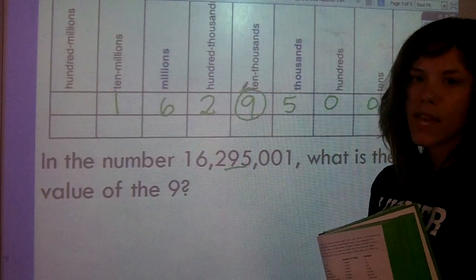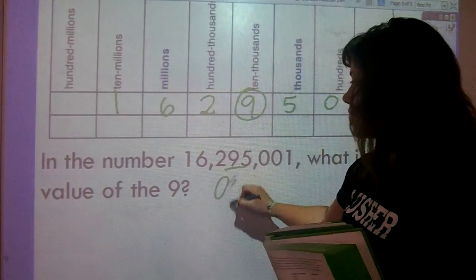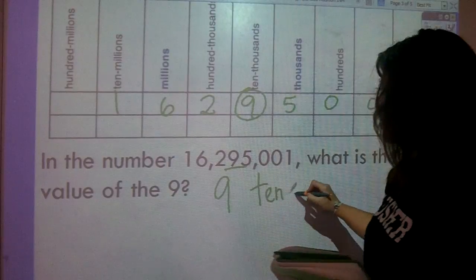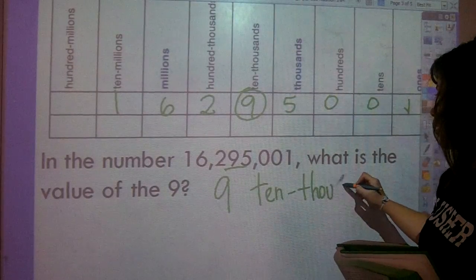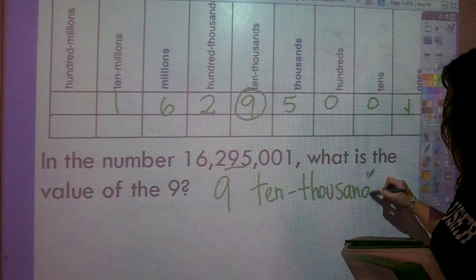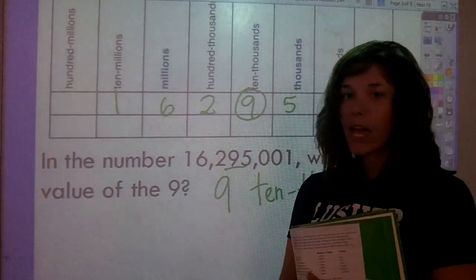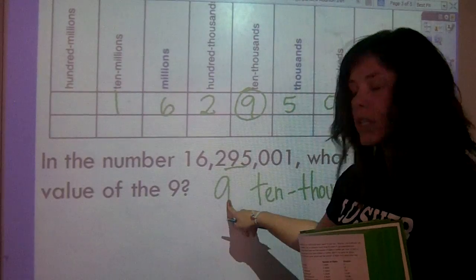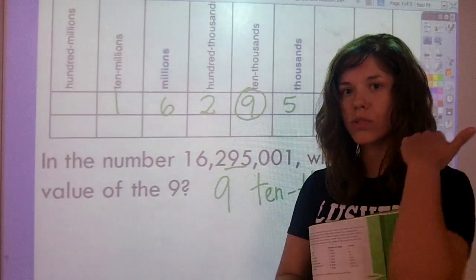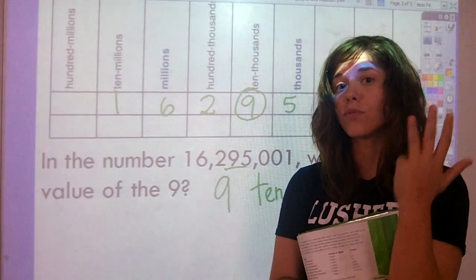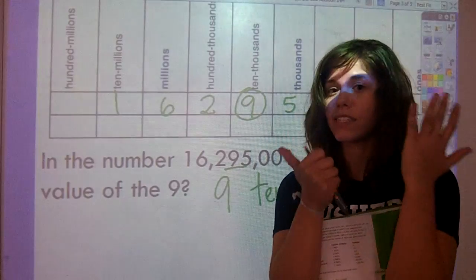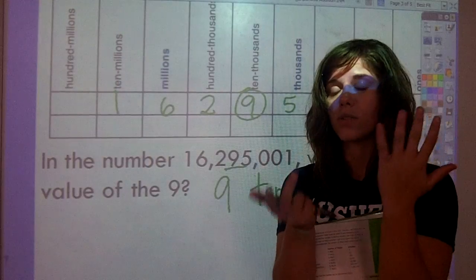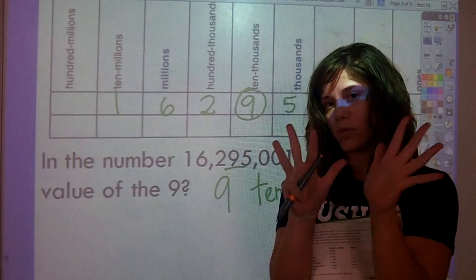The 9 is in the 10,000s place, so that means I have 9 10,000s. And if I count by 10,000, 9 times 10,000, 20,000, 30,000, 40,000, 50,000, 60,000, 70,000, 80,000, 90,000.